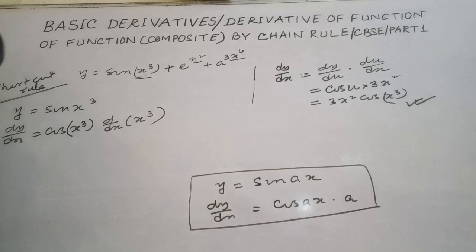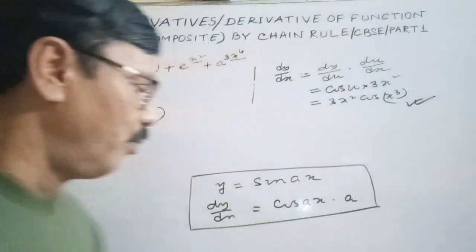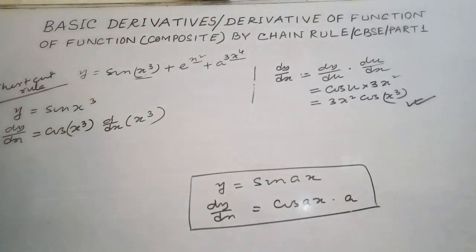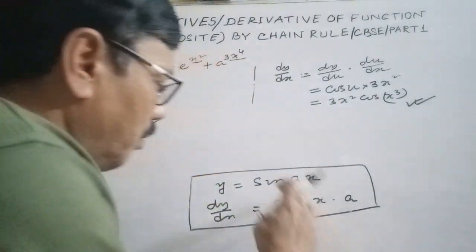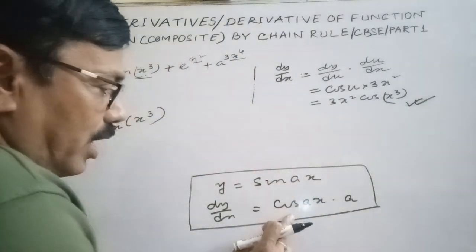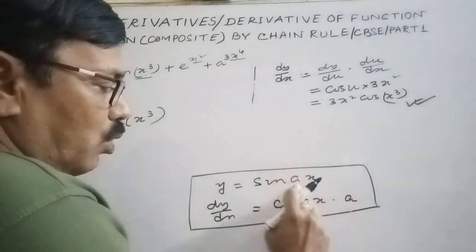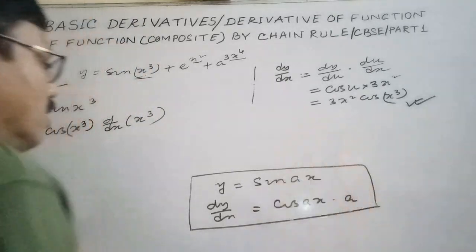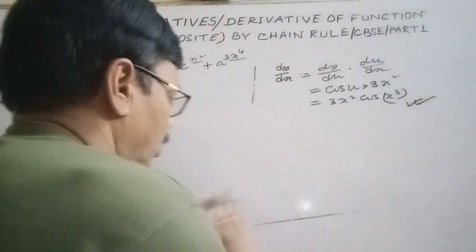In the previous class, I stated the derivative of sine x into the coefficient of x. The coefficient of x is a. Actually, the derivative of sine x is cos x into d dx of the argument. What is the derivative of the argument? It is a. So it is the same step.